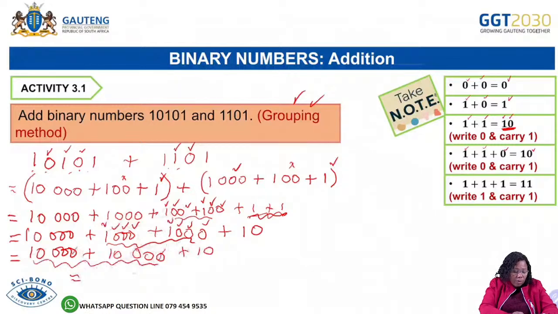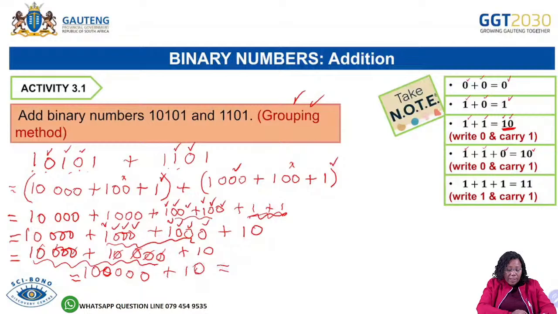It's 0 plus 0 is 0, 0 plus 0 is 0, 0 plus 0 is 0. And then 1 plus 1 is a 1 and 0. So now we are adding the last 10, or 1 and 0, binary number.